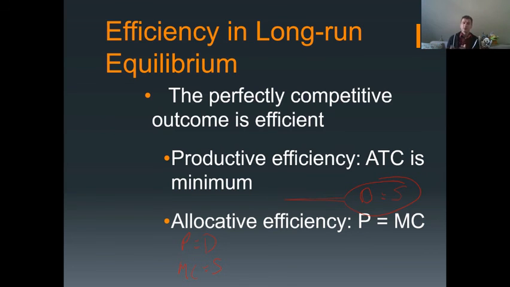So when supply equals demand, that is allocatively efficient. That's just another distinction to make when we're looking at firms and talking about equilibrium. But once again, the perfectly competitive firm is the only one that's going to have productive and allocative efficiency. So keep that in mind as we move forward looking at other market structures.